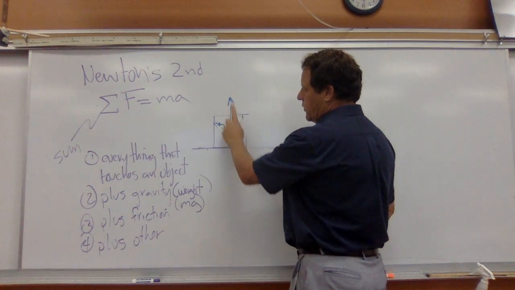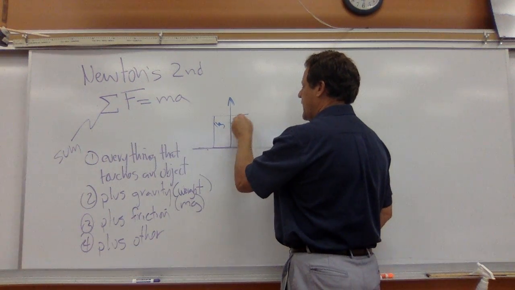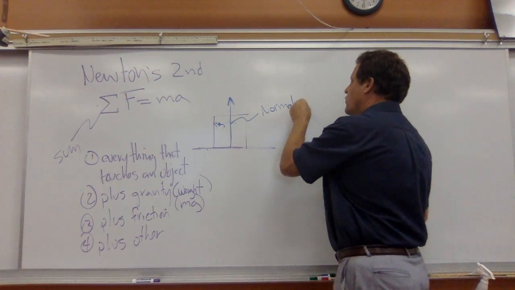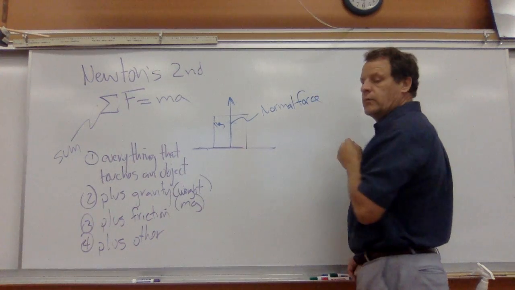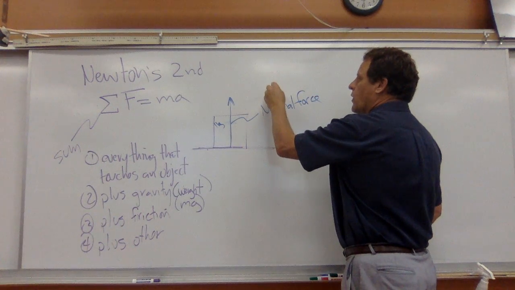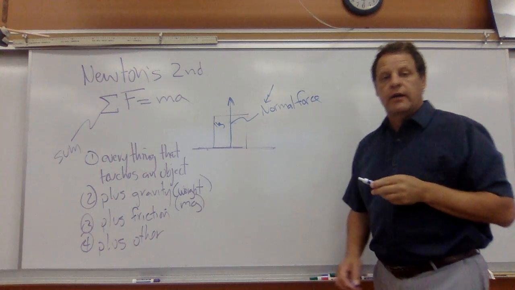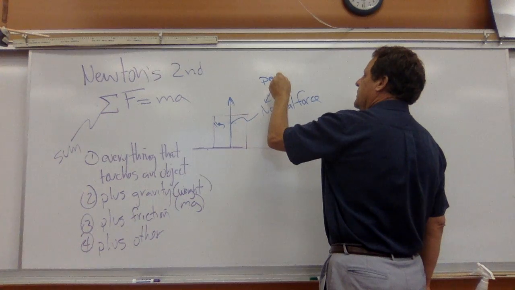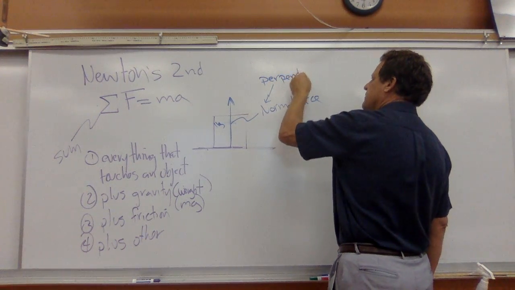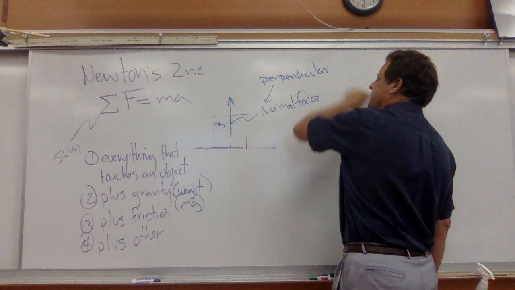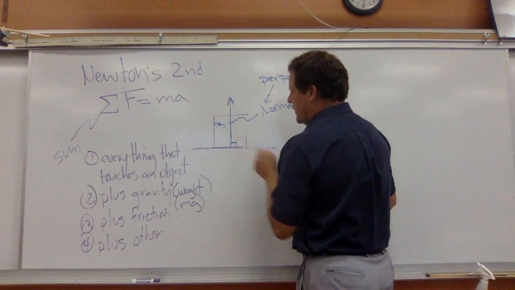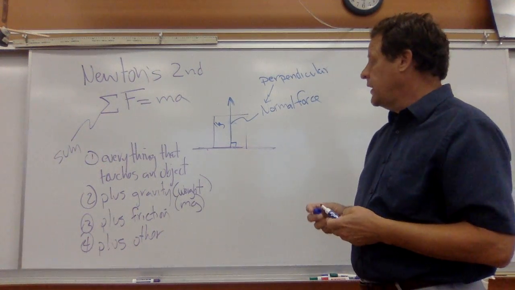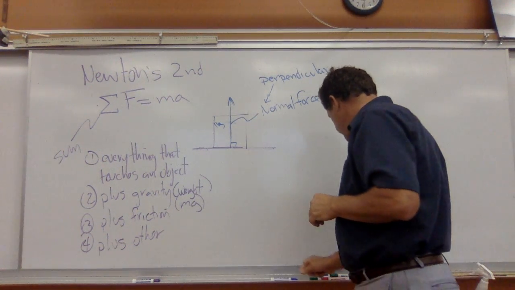So right here where it touches the ground, we have a vector, and this is known as the normal force, okay? And normal is not what you normally think of it. Normal means perpendicular. So what we have here is that force is at a right angle to the surface, okay?